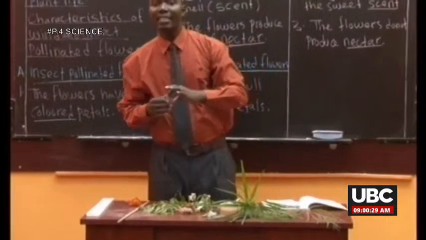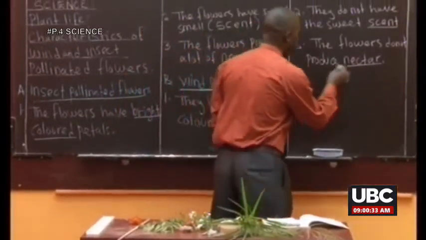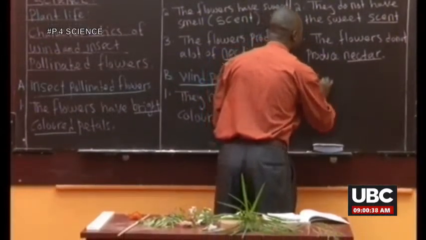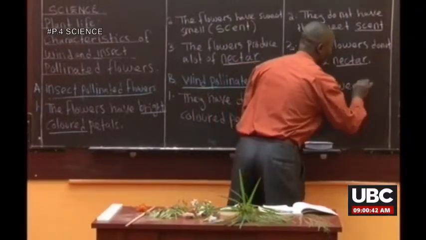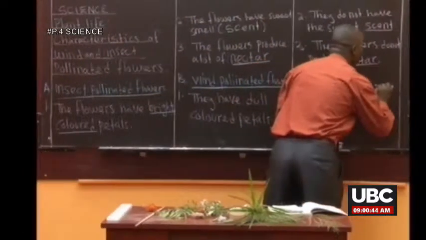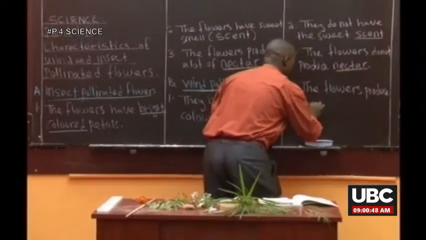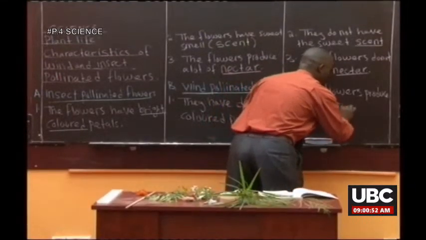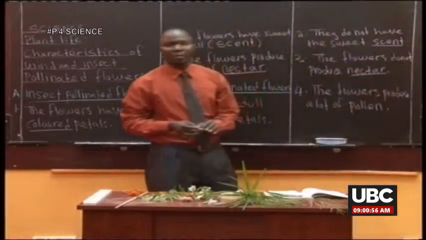So in doing that, they produce a lot of pollen. Number 4. The flowers produce a lot of pollen.